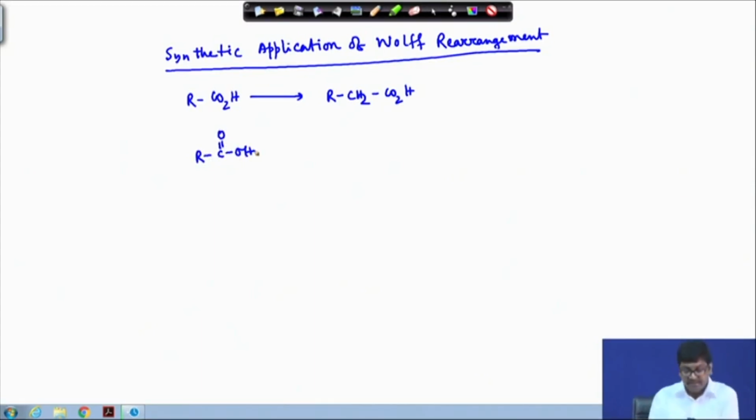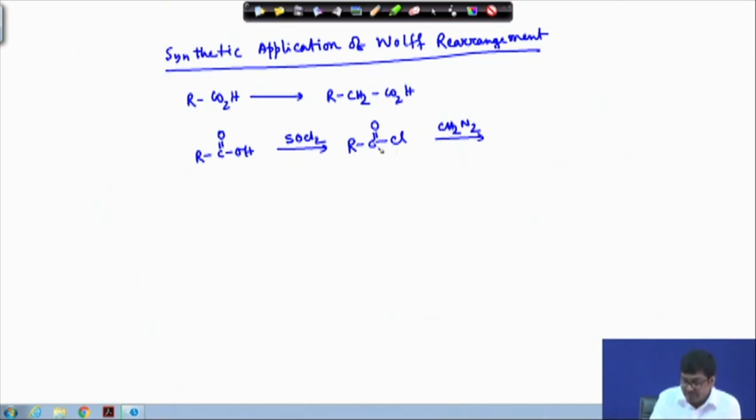If we take this carboxylic acid, then in the presence of thionyl chloride or oxalyl chloride, we can easily make this acid chloride. Once we have generated that, then in the presence of diazomethane, that will react at this electrophilic center and give the corresponding alpha diazo keto compound.